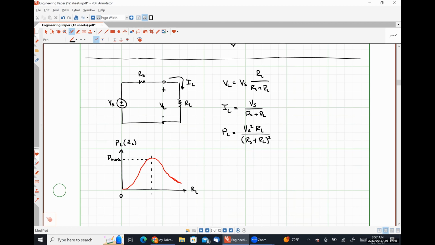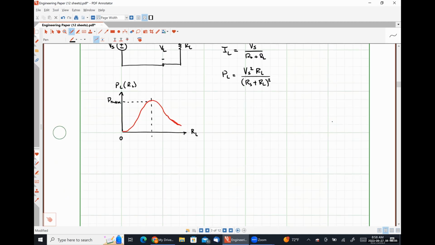So we're going to take the derivative of our power relationship with respect to RL, set it equal to 0, and figure out what value of resistance RL causes maximum power transfer to occur.